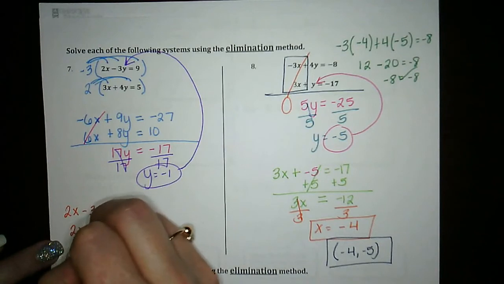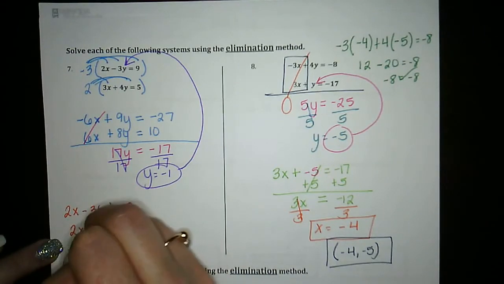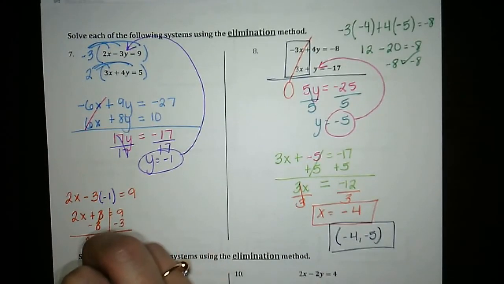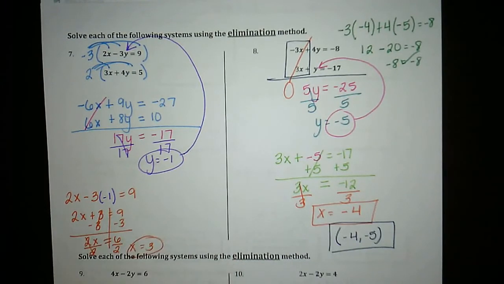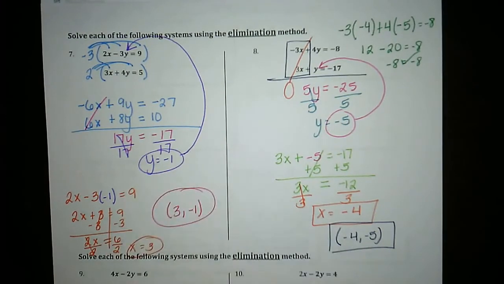Simplify. And now solve. Subtract 3 on both sides. 2x equals 6. Divide by 2. And we get x equals 3. So our coordinate for this one is 3, negative 1.